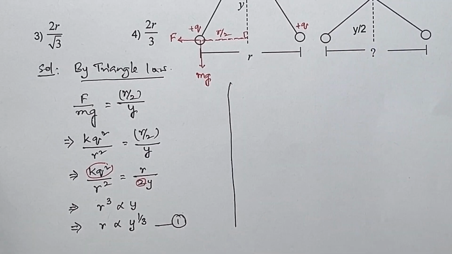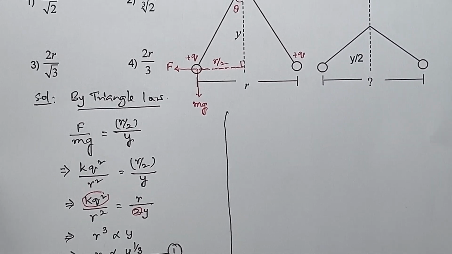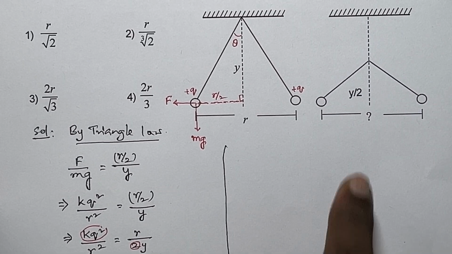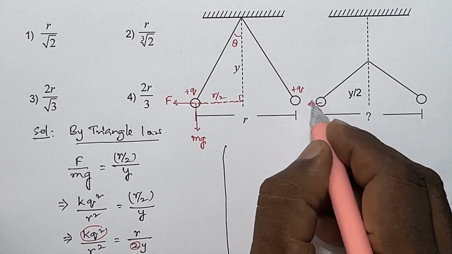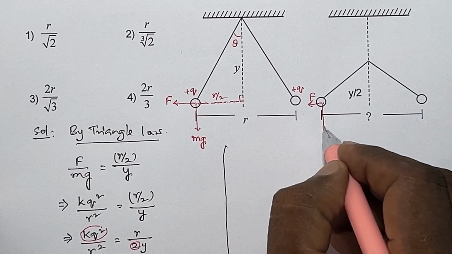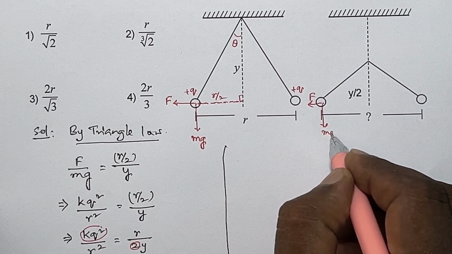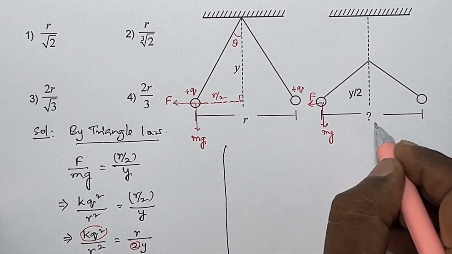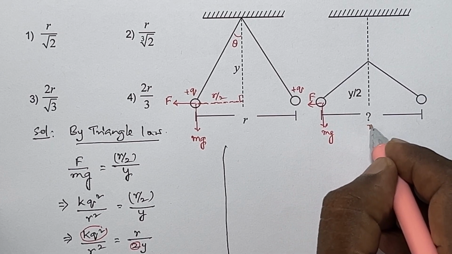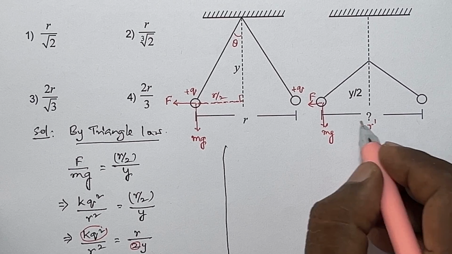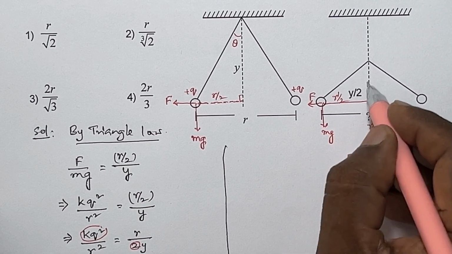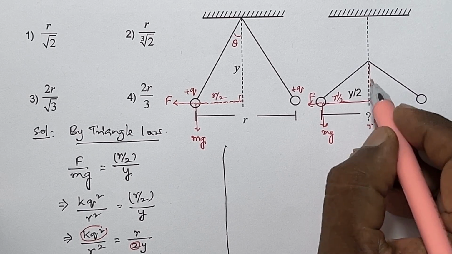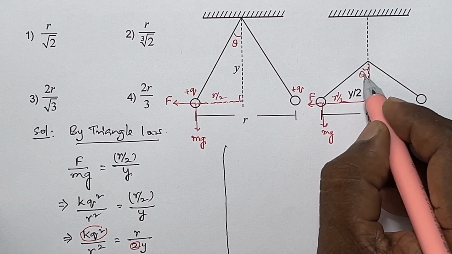Now let us come to this diagram. In this diagram, see, this is the force, this is the weight, and this is, let us take, our r dash. So this side is r dash by 2, this is y by 2, this is angle theta.